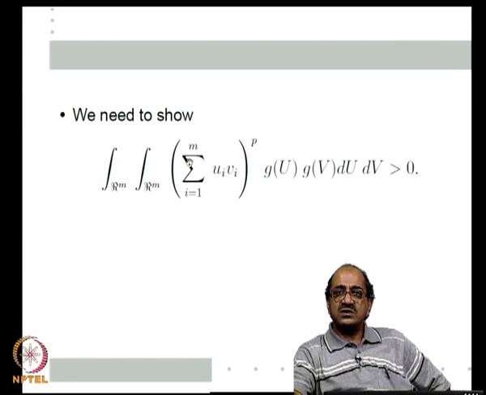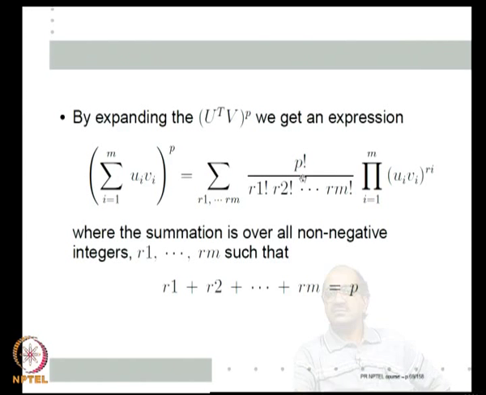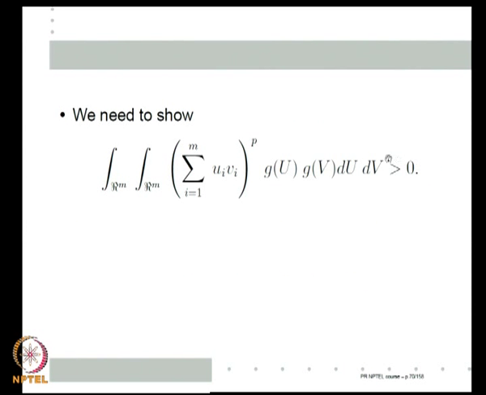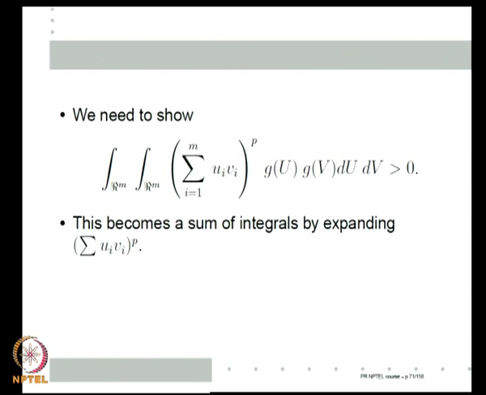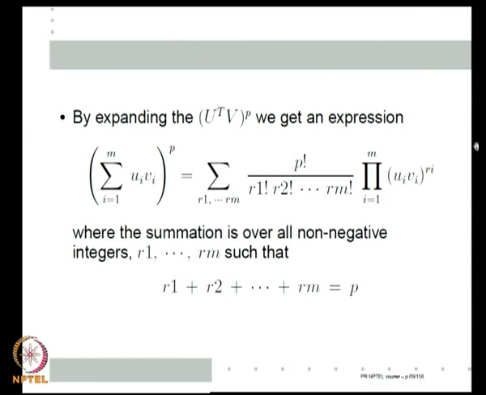Now, if I use the previous expansion, this thing to the power p can be written as a sum, and because it is a finite sum, I can pull the sum outside the integral. So, by expanding it, this becomes a sum of integrals. Each integral will contain one of these terms times g(u) g(v) du dv.